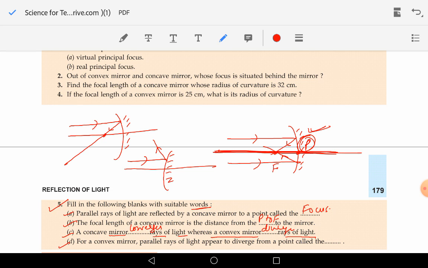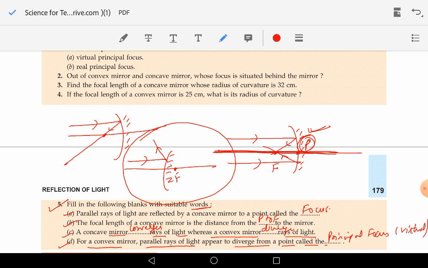Now D part: for a convex mirror, parallel rays of light appear to diverge from a point called the blank. We can see that this is a convex mirror, so it is diverging, but from which point will it appear to diverge? It is called the principal focus. Remember that this principal focus is a virtual focus, because it is not actually diverging, but it appears to diverge.